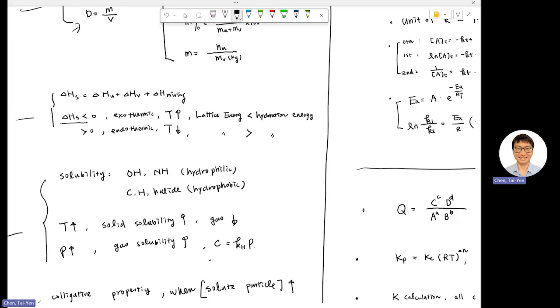If you see delta H solution is negative, that means your delta H mixing outweighs the delta H of your solute. In the terms you are going to see in your question, the hydration energy outweighs your lattice energy.